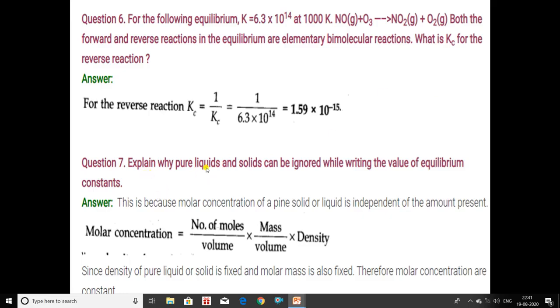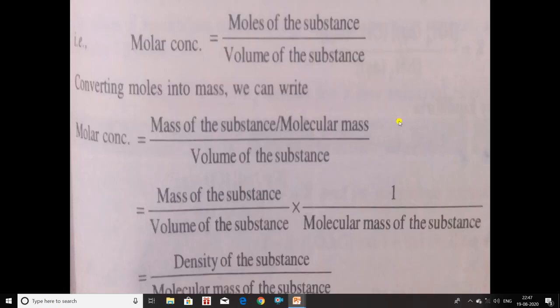Question number 7: explain why pure liquid and solid can be ignored while writing the value of the equilibrium constant. Okay, this is a derivation which I have already explained in the lecture. Molar concentration is equal to number of moles divided by volume of the substance, and the formula of number of moles is given mass divided by molar mass.